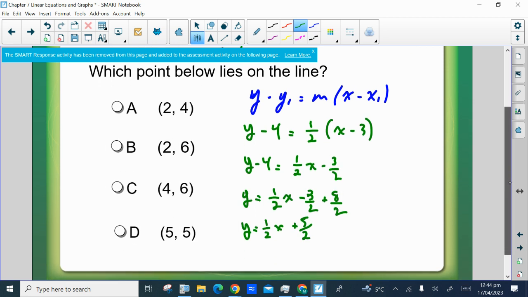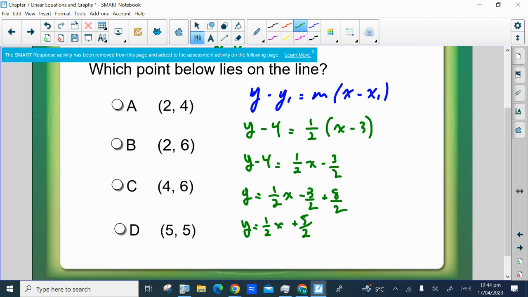So we want to see which of these points lies on that line. So which point will satisfy this equation? So if you check the point (2, 4), when x is 2, y will equal 4. So if we plug those values into the equation, and 5/2 is 2.5, half of 2 is 1, and 1 plus 2.5 is 3.5, not 4.